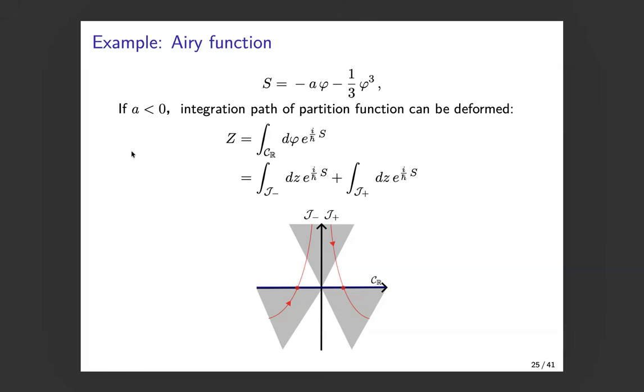J minus is associated with the classical solution minus square root of minus A, and J plus corresponds to plus square root of minus A. And then this partition function can be decomposed into the integral on J minus and J plus. So we call these the partition function on the thimble J minus and the thimble J plus.